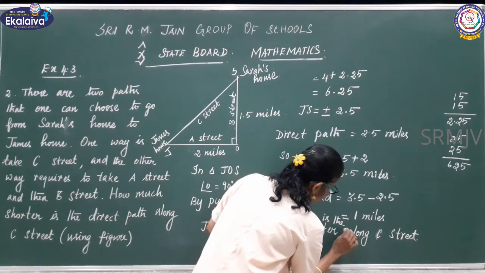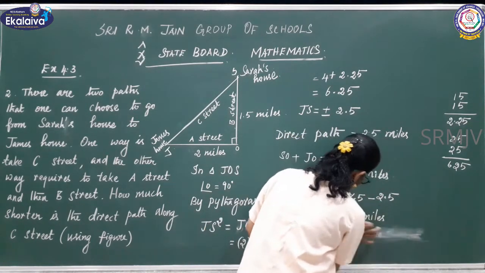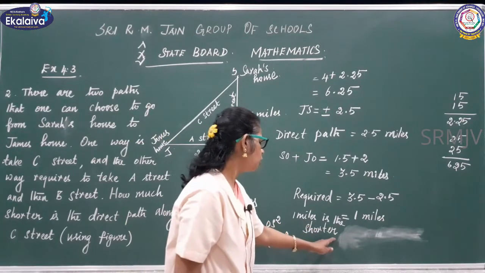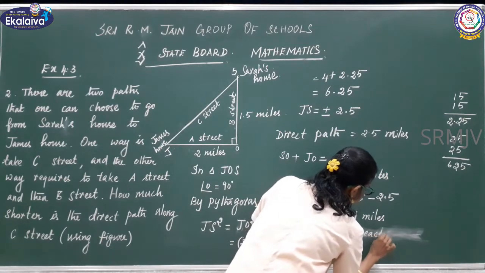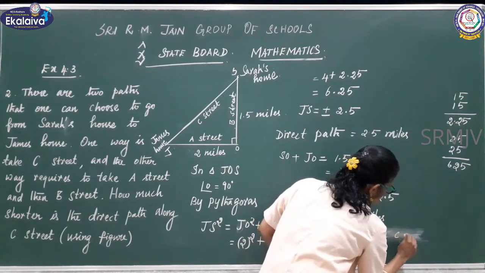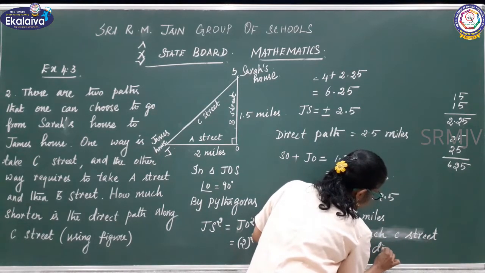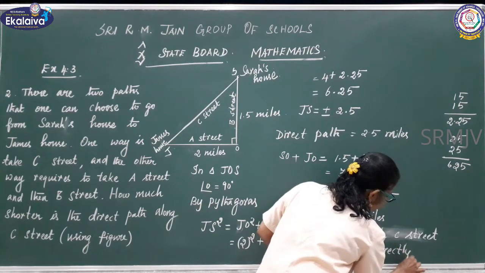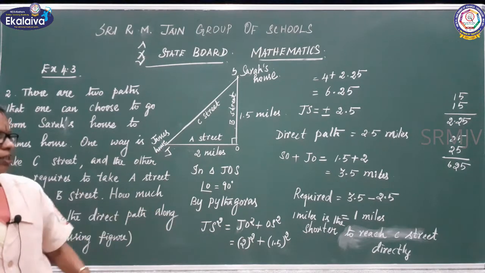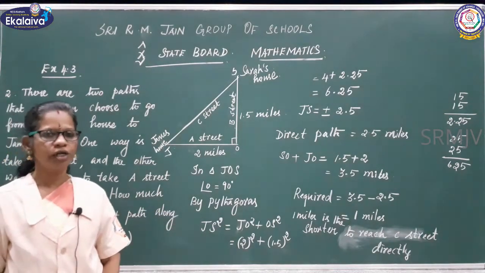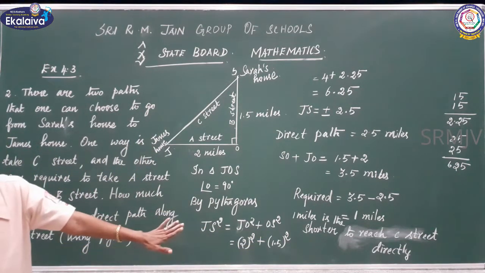Sorry children, you should include this, right? Or you can end with: 1 mile is the shorter distance to reach C Street directly. Got it, children? They are asking how much shorter, that is 1 mile.